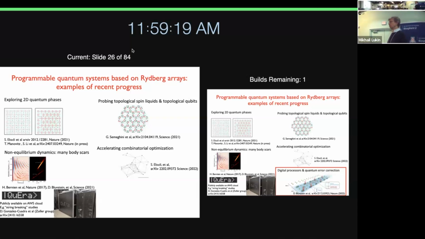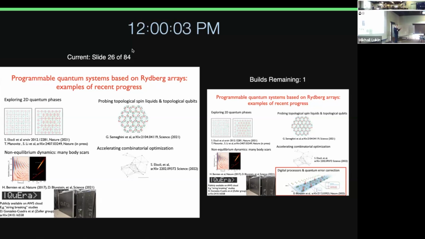If you wanted to, for example, maximize the speed of the interactions, what you would do is try something different. Usually we excite these atoms with a Rabi frequency, which is typically a few megahertz.